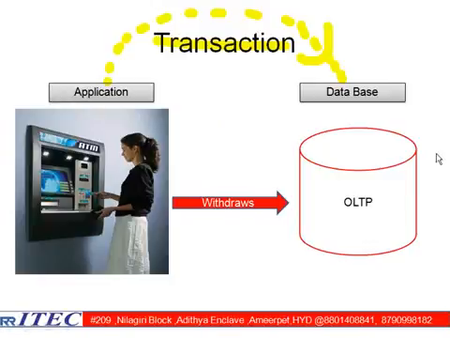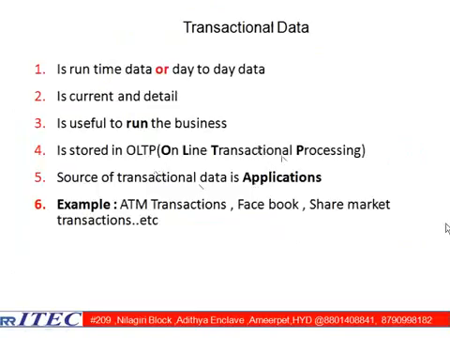So altogether I can say online transaction processing. If we take the first letters, we get OLTP. The database is called the OLTP database. In this OLTP, where is the data coming from, sir?